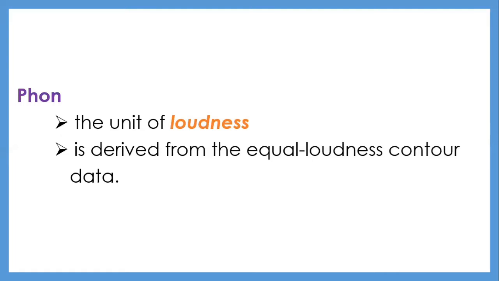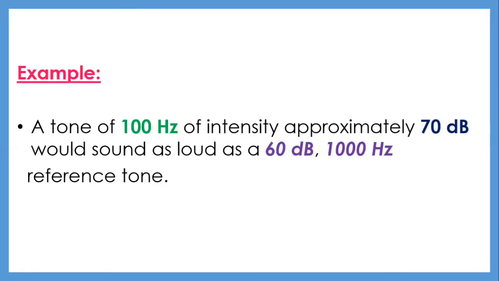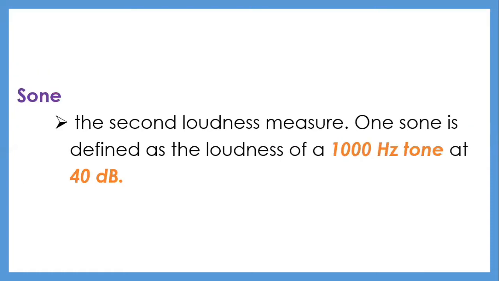In this example, the 70 decibel, 100 hertz tone would have a loudness of 60 phons, okay? And on the other hand, the sone is the second loudness measure, and one sone is defined as the loudness of a 1,000 hertz tone at 40 decibels.